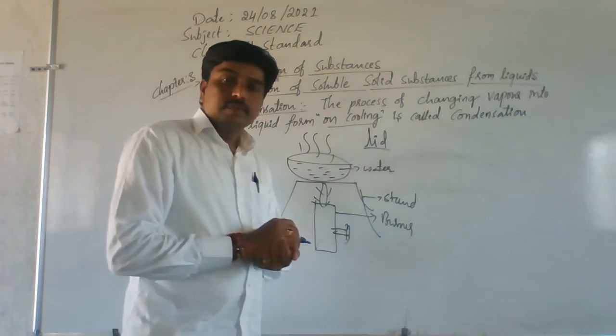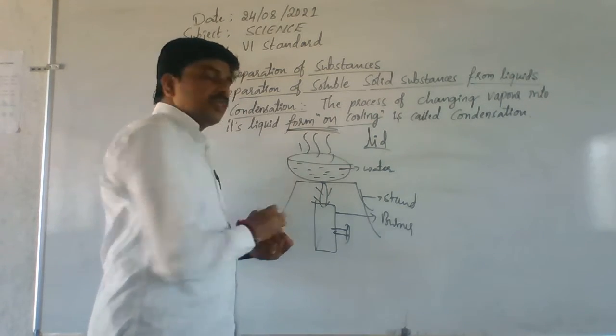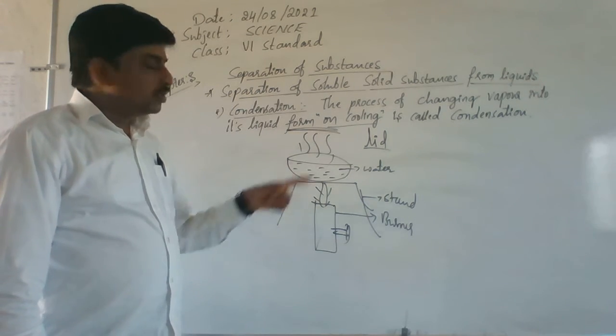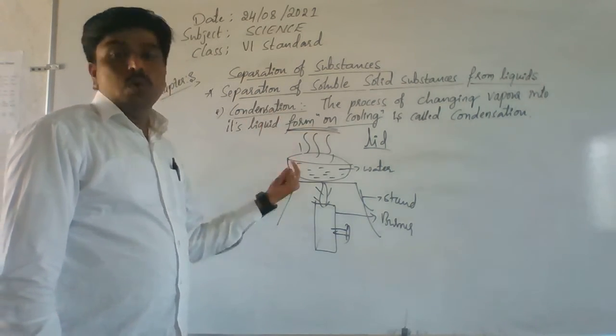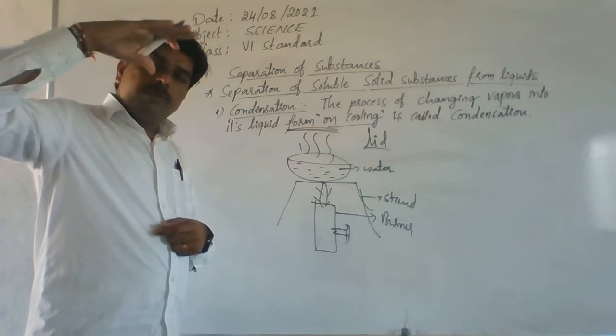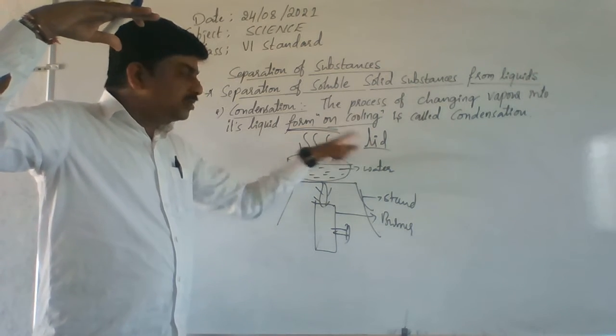Take a lid and hold it over the vapor. So the vapor starts to cool. When you hold that lid over the vapor, the vapor becomes cool. It is cooled by this lid.